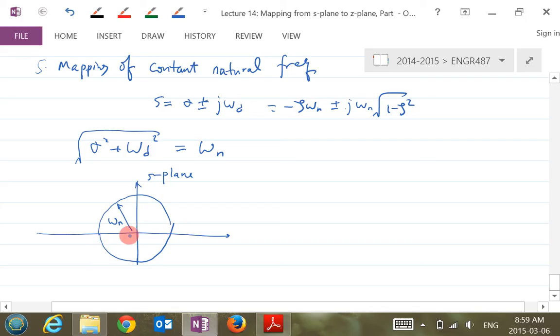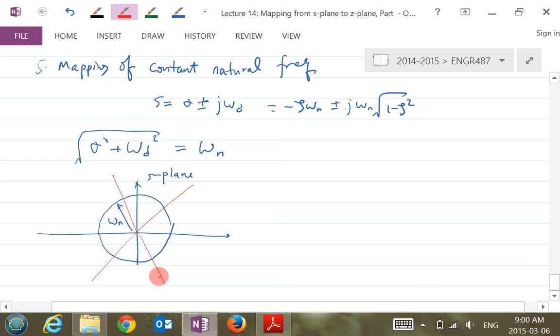How is this circle going to be mapped into the Z-plane? That's the question. Now, we don't want to go through the math anymore. We can use the concept I was just talking about, the conformal mapping. If I draw a radial line out of the center here, what does each radial line represent? Constant damping ratio.